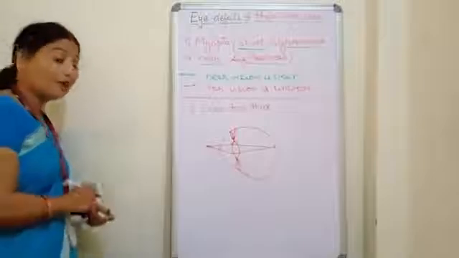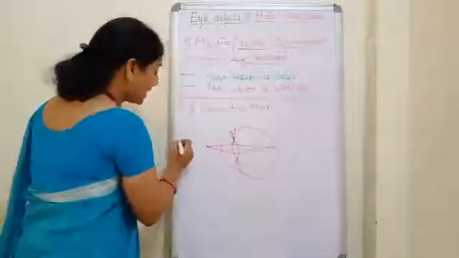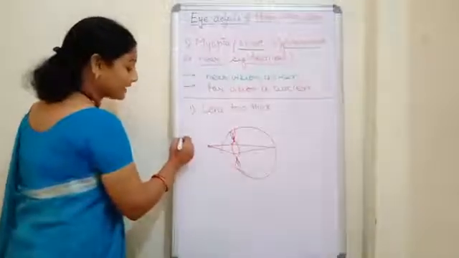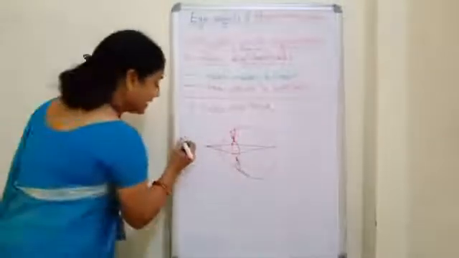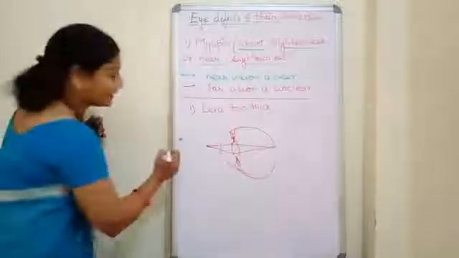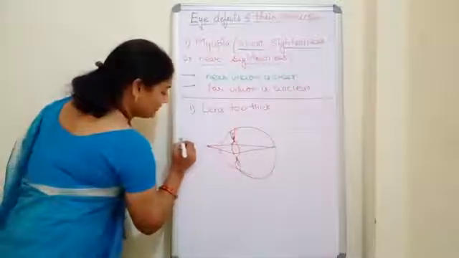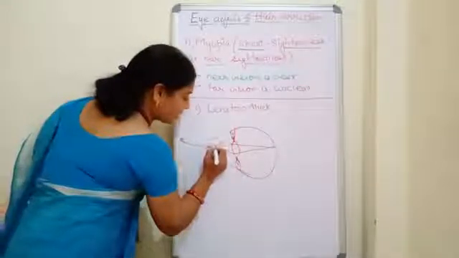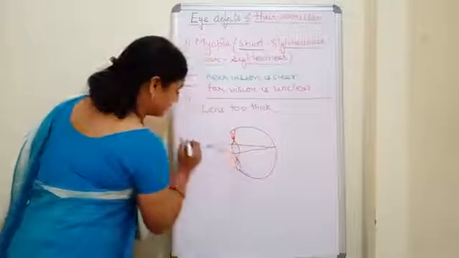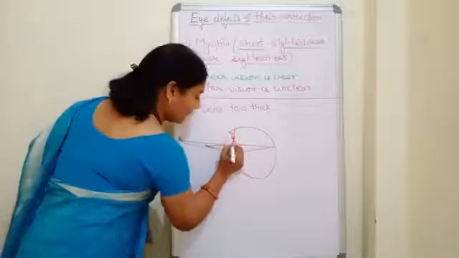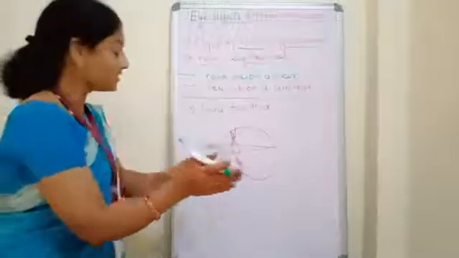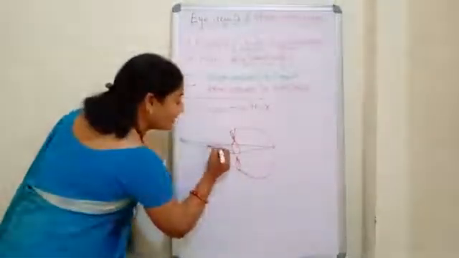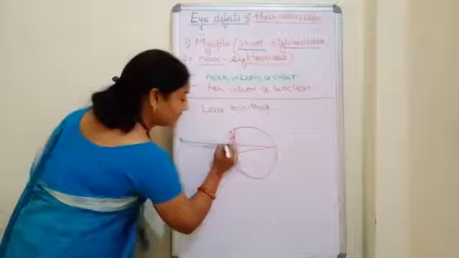But what happens if the object comes from the far side, that is from here? Now I am drawing it with green. If the rays are coming from this side, then automatically the rays will change into parallel. Now the rays are not diverged too much; they are already a little bit parallel.